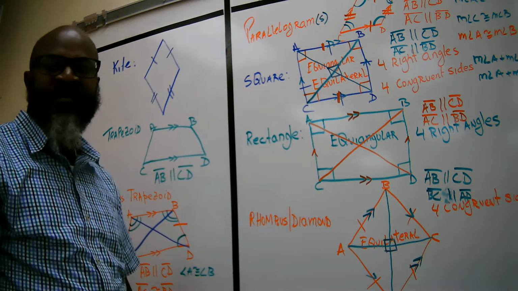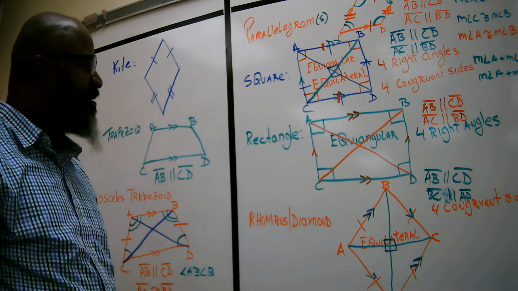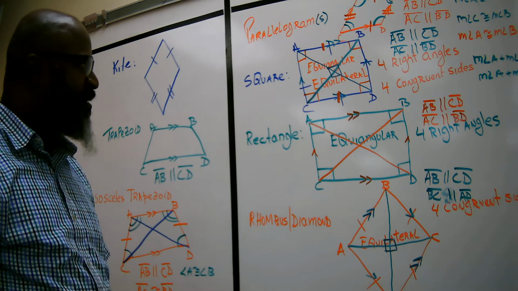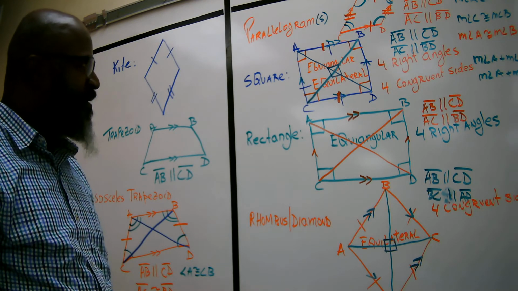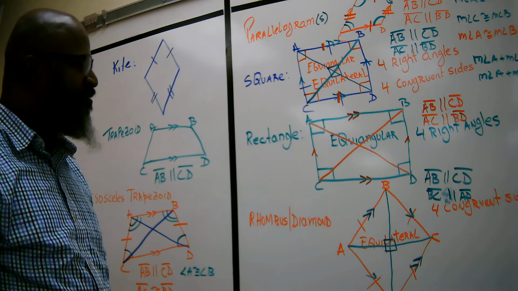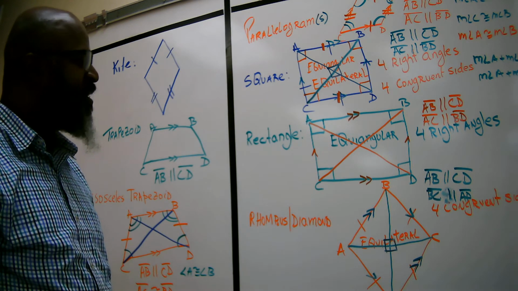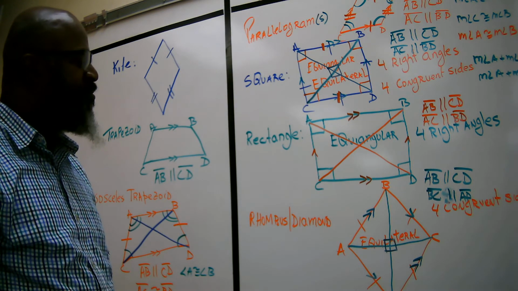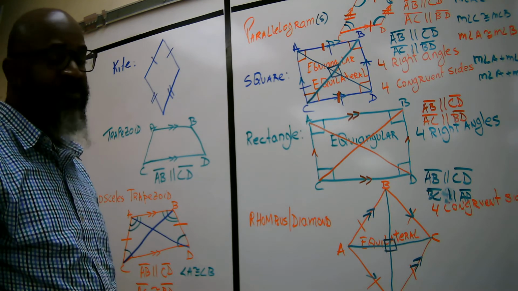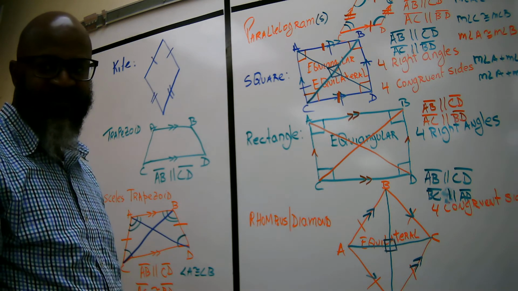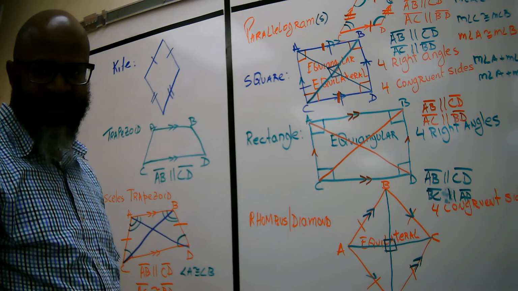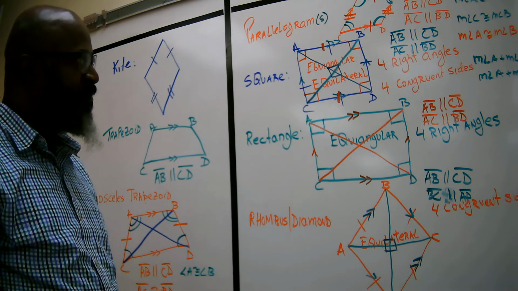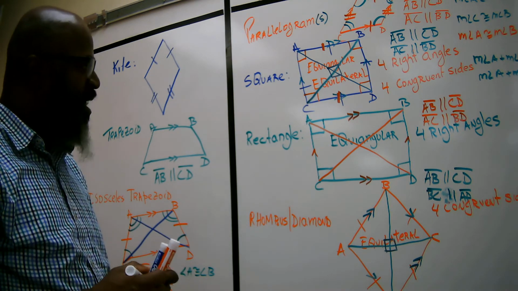Those are properties that we need to know. A parallelogram has plenty of properties. If we know those properties, you will be able to get your equation faster and faster. You need to go look at those properties.